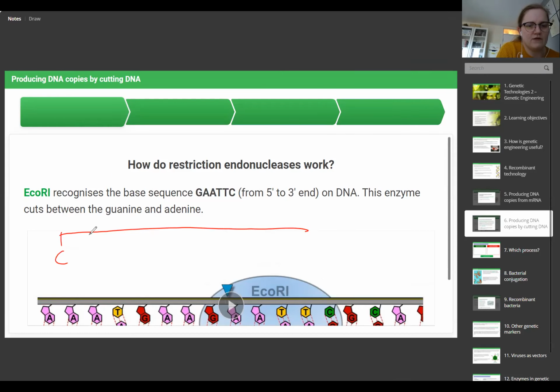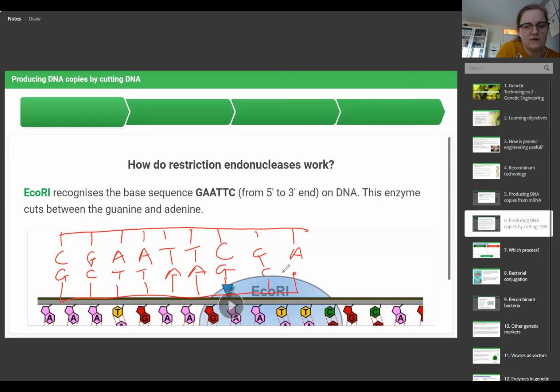So we could have C, and I'm going to do that G, A, T, T, C here, and then I'll just stick a G and an A on the end. Obviously, that's going to base pair with G, C, T, T, A, G, C, T. I'm going to highlight which area is a palindrome. So the palindrome is that GATTC.